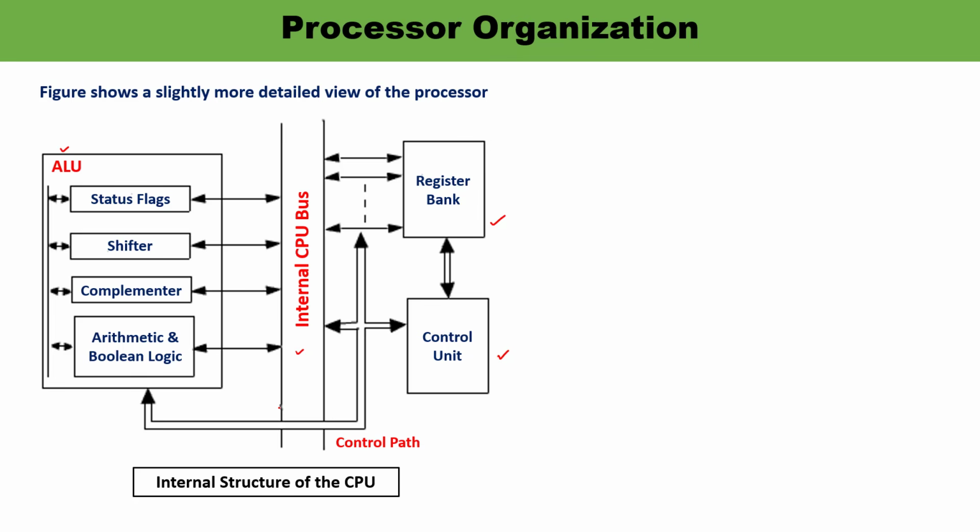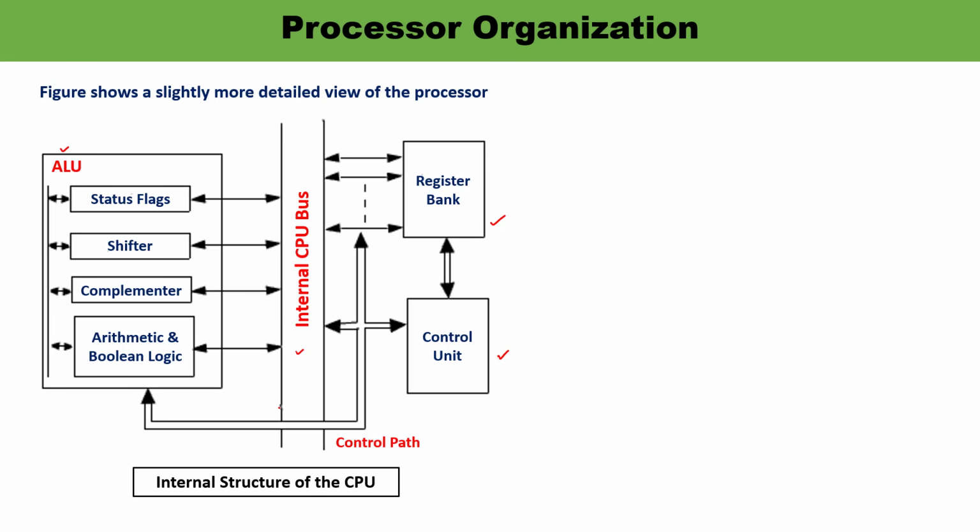Complementer performs the complement. You can take any number and take its complement, because complements are often required whenever there is a requirement to perform subtraction. So a complementer unit also exists there. You can observe that there is a lot of similarity between the internal structure of the computer and the internal structure of the processor.